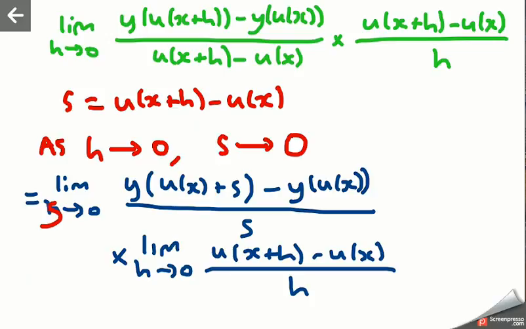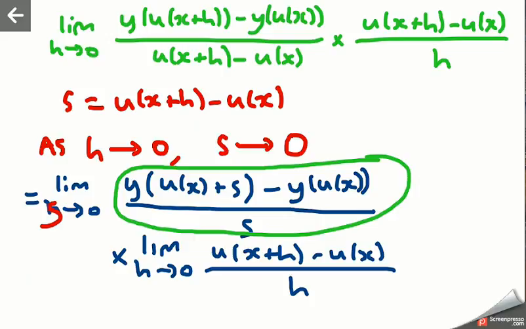And so this first part is actually simply y prime of u of x, because it's equal to the limit as s tends to 0 of y of u of x plus s minus y of u of x, divided by s. It's exactly what we're used to doing, except our h is now an s. And that's not a big deal, is it? That doesn't change anything. It's just a label.